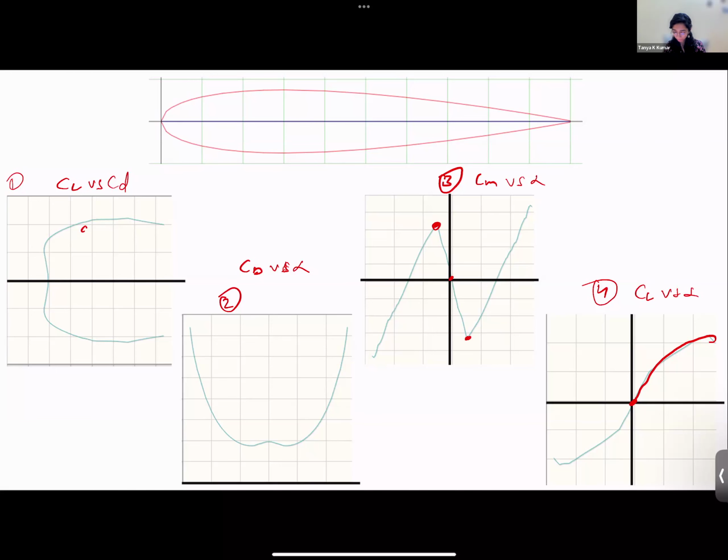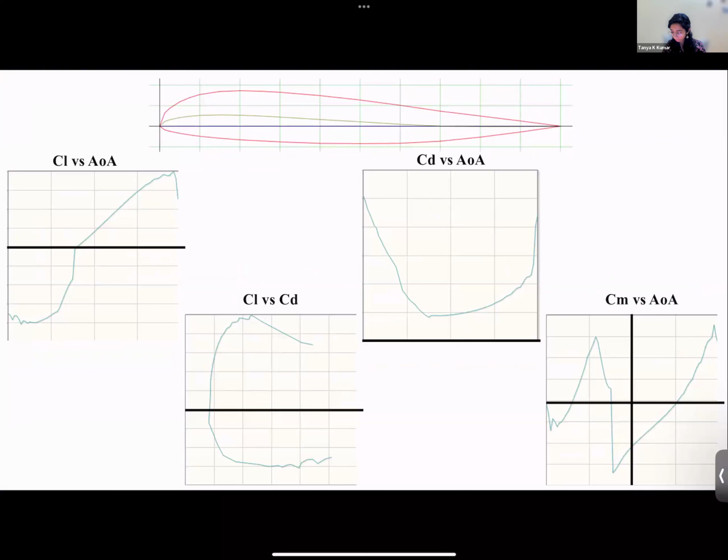Also in the case of the cambered airfoil, if you notice, it's not symmetric. It doesn't happen across the zero line, but those sharp changes in the slope are visible even in the cambered airfoil case. What could the possible reason be?